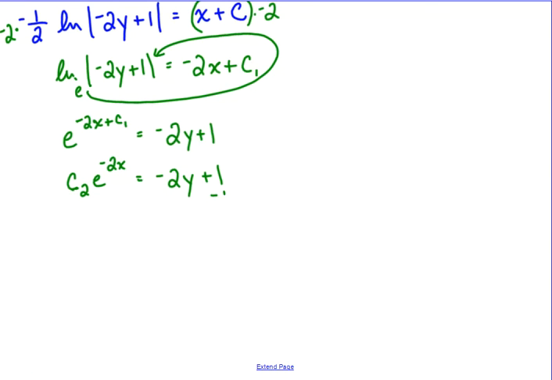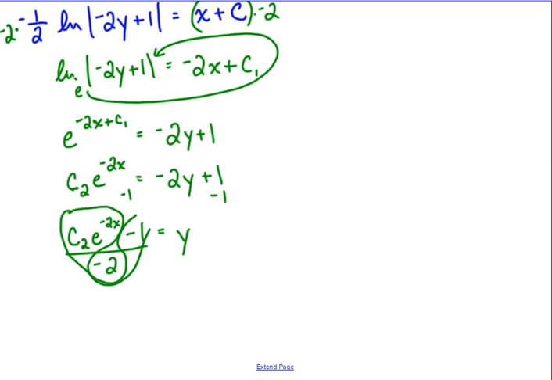Okay, solving for y, subtract the 1. And then divide the whole thing by negative 2. Something they may also do with this problem is split up this fraction. So put both expressions over negative 2.